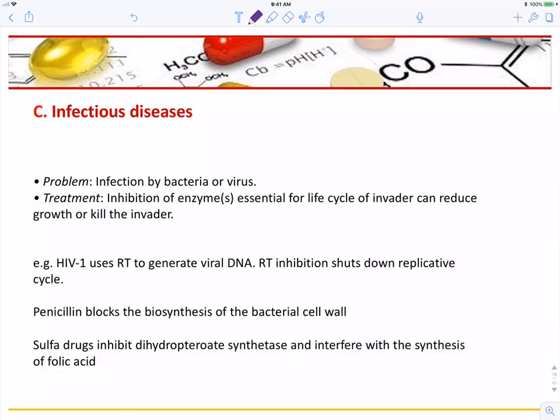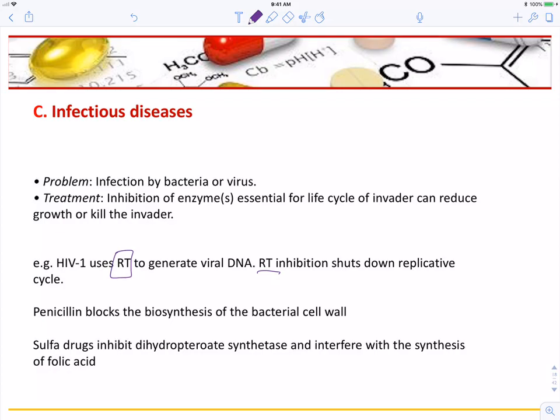For example, HIV needs to generate viral DNA from an RNA template, and to do that it utilizes reverse transcriptase. Eukaryotic cells, and so human cells, do not utilize this process, and so inhibiting this enzyme acts very well to shut down the replicative cycle of HIV without direct effect on the replication of the patient's cells.